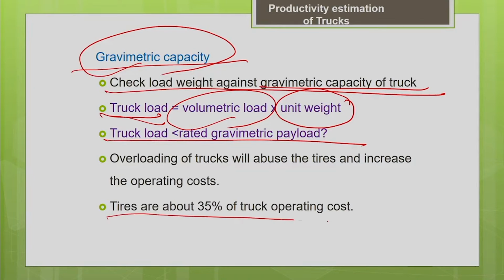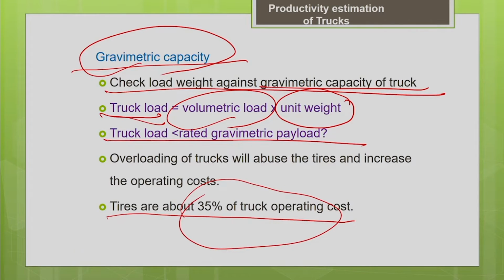In that case, it will result in a lot of wear and tear to the machine. Particularly your tires will flex and it will result in abuse of tires. You know that for most of the machines, the tire cost amounts to 35% of the truck operating cost. So, if you overload the machine, it will result in abuse of tires and it will increase the tire cost significantly.